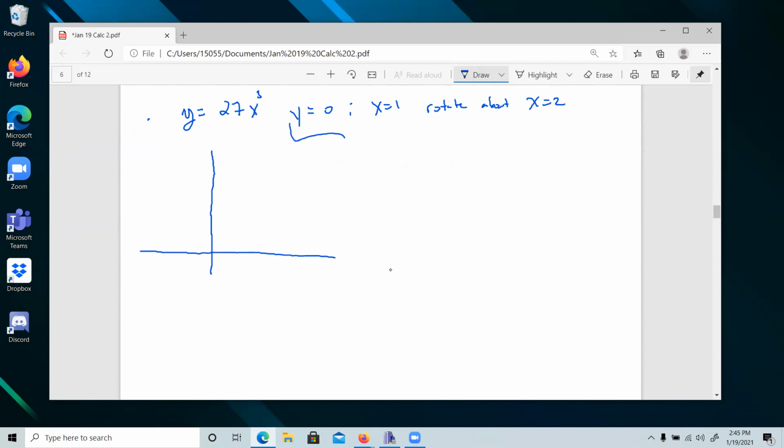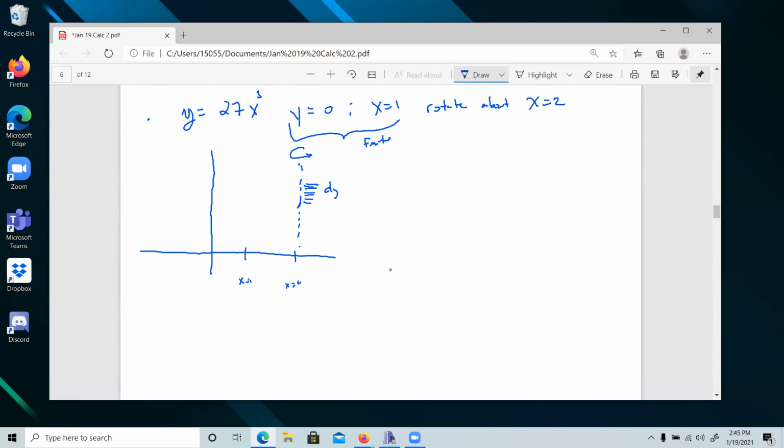So here's the bound of the function, right? This is where my function is. Here's x equals 1, x equals 2. So we're rotating this way. When I've got my pieces out here, we're going to rotate around this way. And what are all these little heights going to look like?